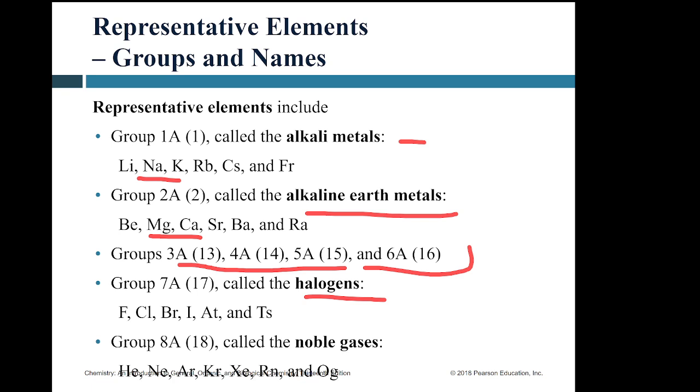Halogens are the next group that has a specific name, that's 7A, and these are named after the halides or halogens, and again that is chlorine, bromine, fluorine, etc. And then the noble gases, these are the ones at the very end right there, and they're helium, neon, argon, krypton, xenon, etc. These ones down in here are usually ignored because they're more metallic, and they tend to not be so gaseous.